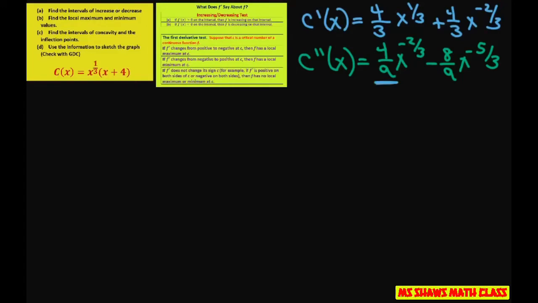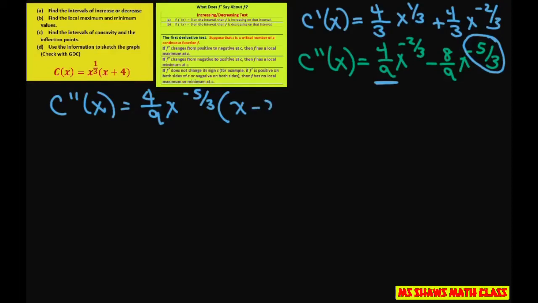I'm going to pull out the 4/9, and you pull out your smallest exponent. Negative 5/3 is smaller than negative 2/3. So you're going to pull out 4/9 x to negative 5/3, and that's going to give you x minus 2.